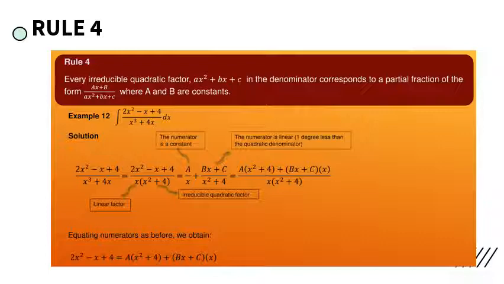For example, we have this function. We want to integrate this function with respect to x.